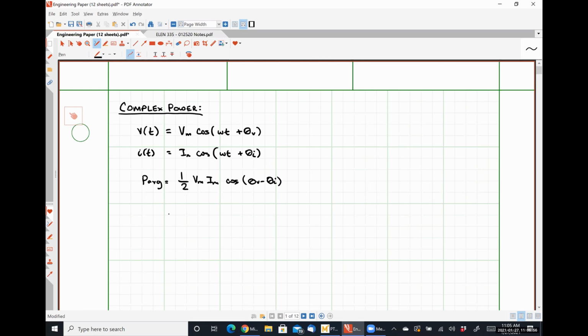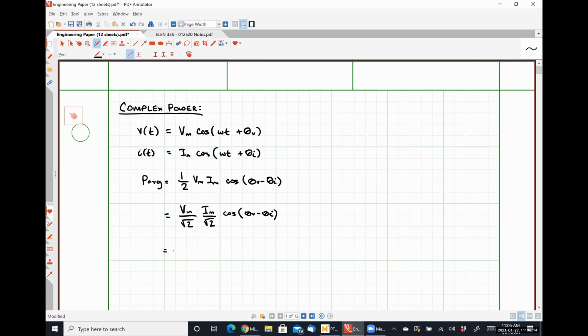We can split this up to be Vm divided by the square root of 2 multiplied by Im divided by the square root of 2 cosine(theta v minus theta i).